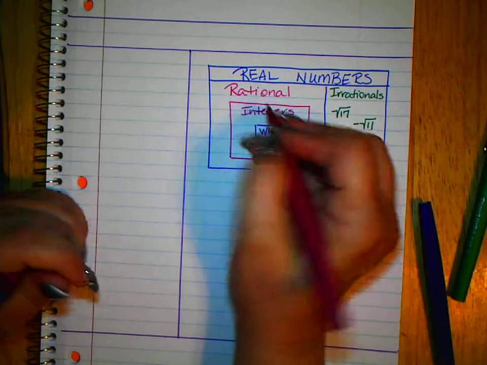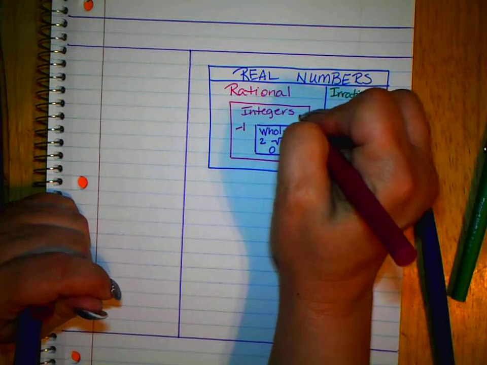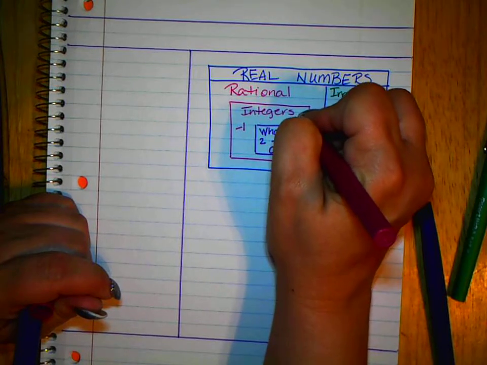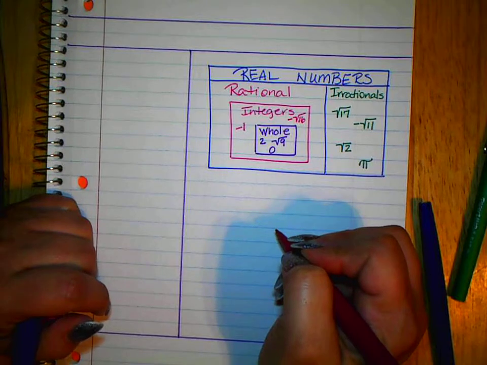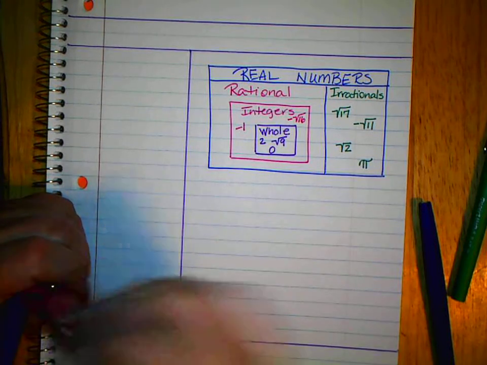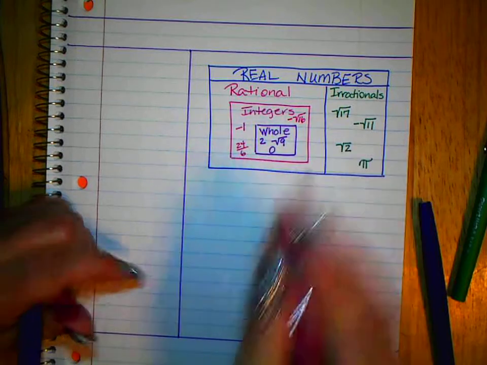Integers would add in -1, the opposite of the square root of 16, 24/6.